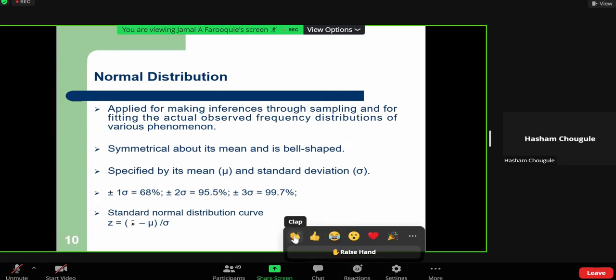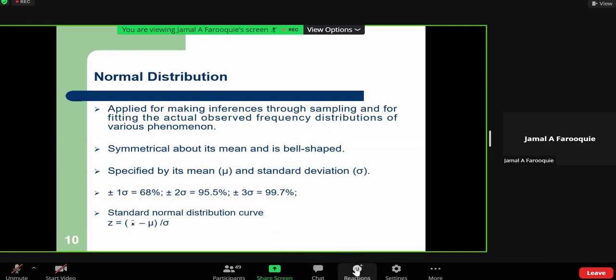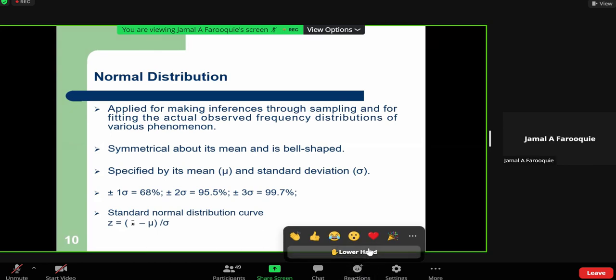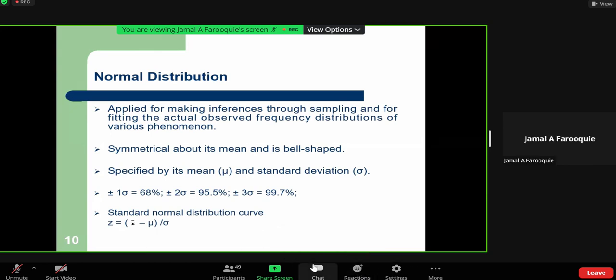I think somewhere you must have done it, in your MBA or before. Normal distribution is the probability distribution generally used for continuous variables. Shape-wise, it is bell-shaped, symmetrical about its mean, and specified by its mean and standard deviation.